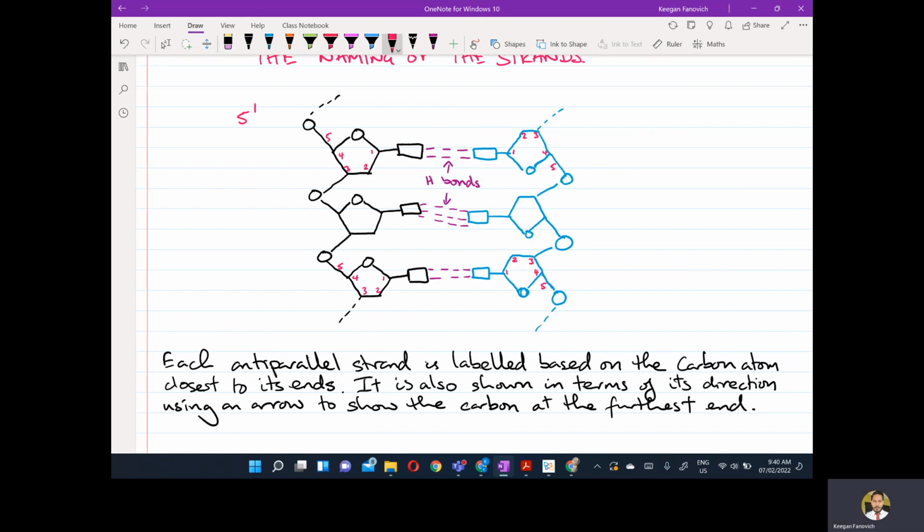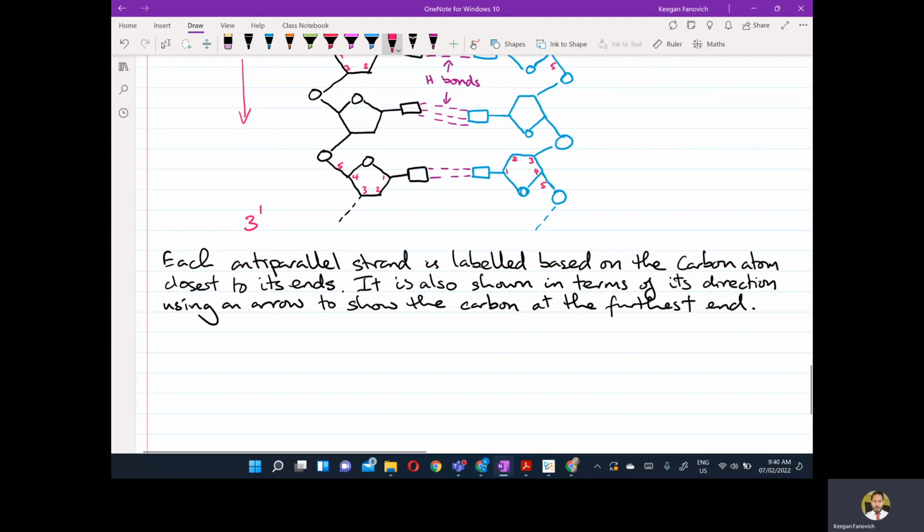By comparison, the carbon closest to the absolute end of the other end of the chain is carbon number 3, so we'll call this the 3' end. Looking from top to bottom, it looks like 5' to 3'.